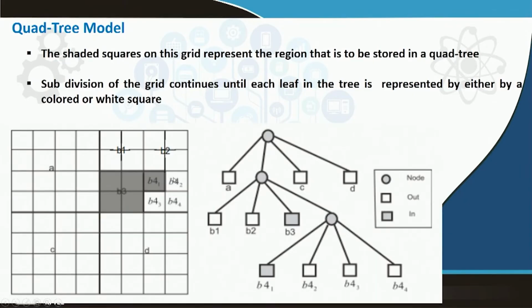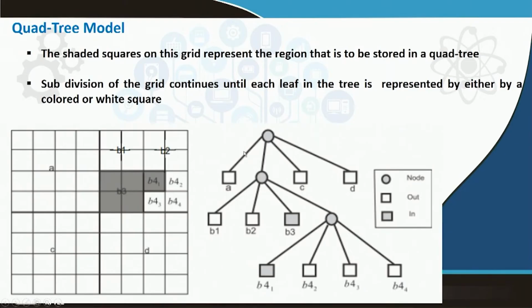Once it has done B1, B2, B3, B4, it takes individual quadrants and again divides into 4 different quadrants. It then drills down to a pixel. So from an image to a pixel is how this quad tree model works. You have a node, which is this entire image.